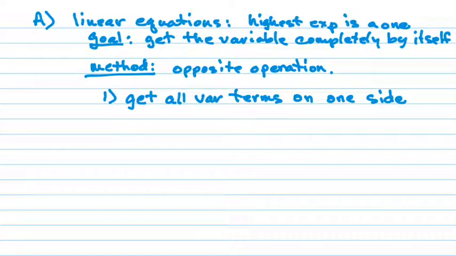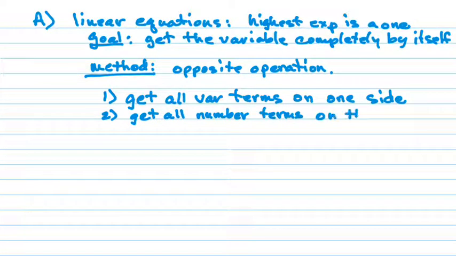Okay? Second step. Get all number terms, because all you're going to have are variable terms and number terms in a linear. Get all number terms on the other side. And this is where it goes kind of pear-shaped for a lot of students. I don't know which number to move.